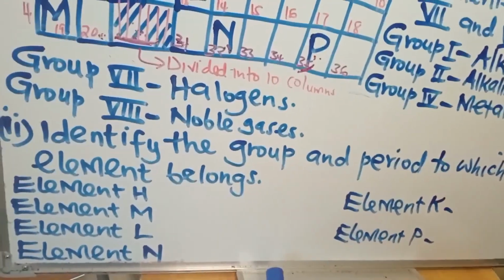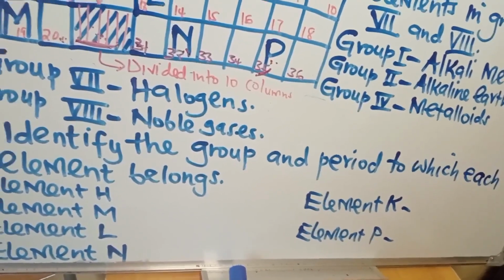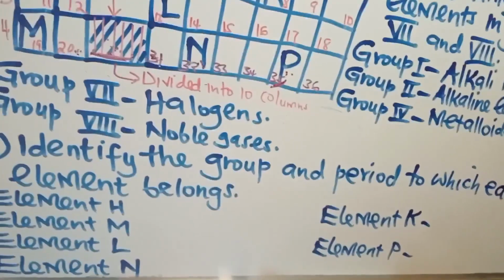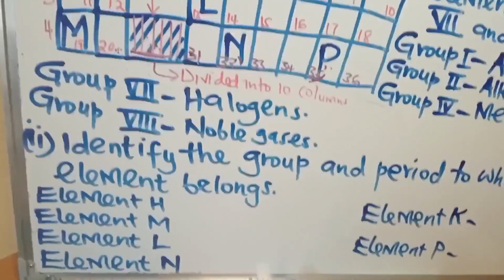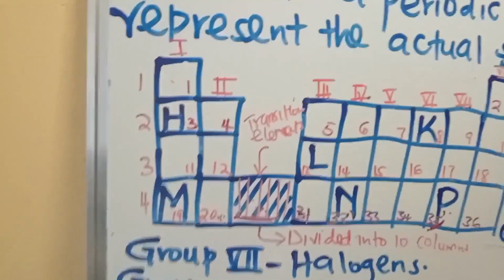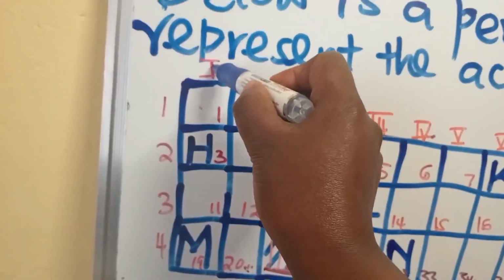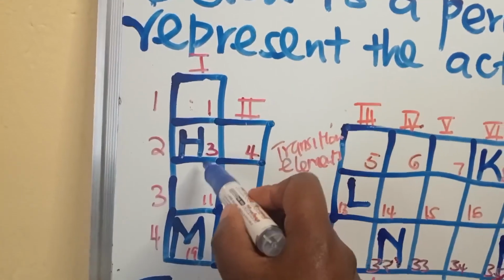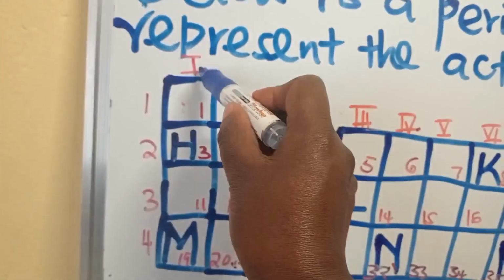Then we have this other question. Identify the group and period to which each element belongs. So for element H, from the periodic table, we indicated that this is group 1. Because it is in the vertical column indicated as group 1, it is in group 1.